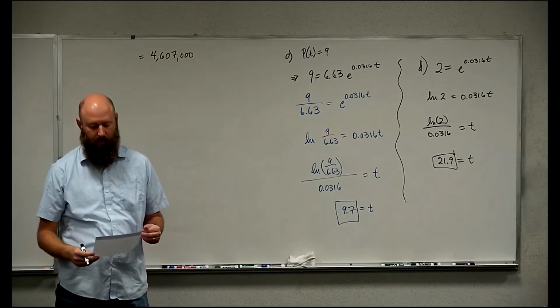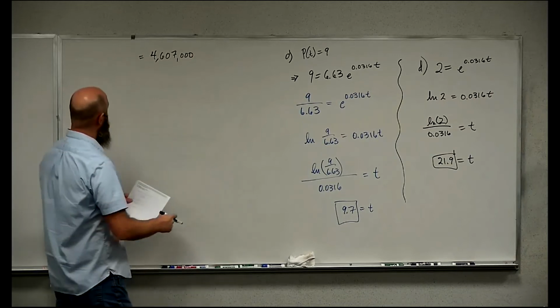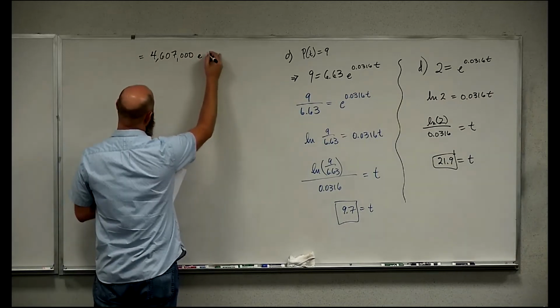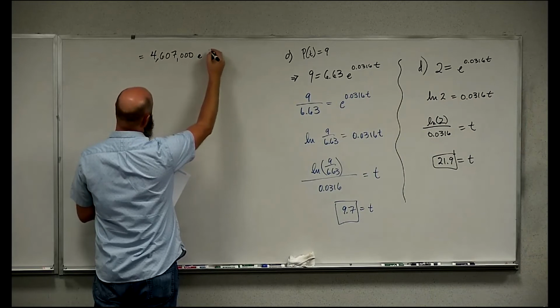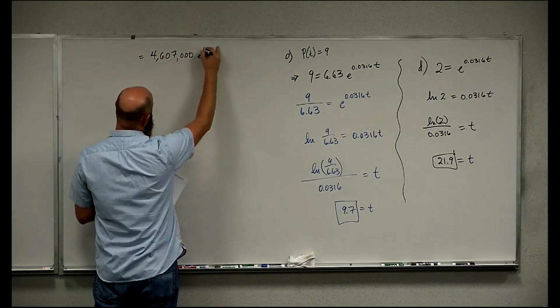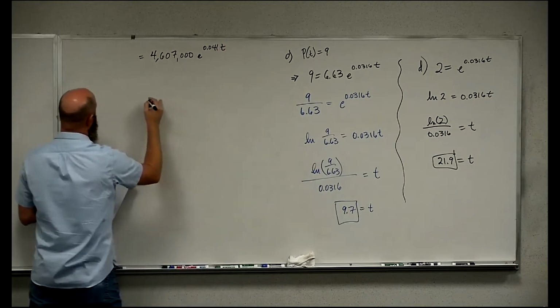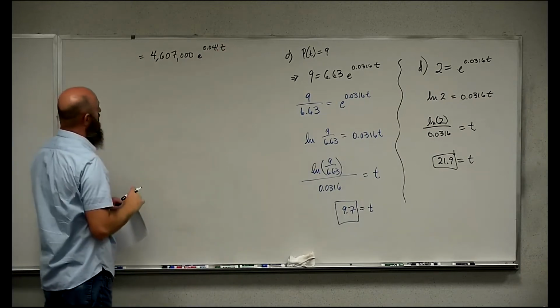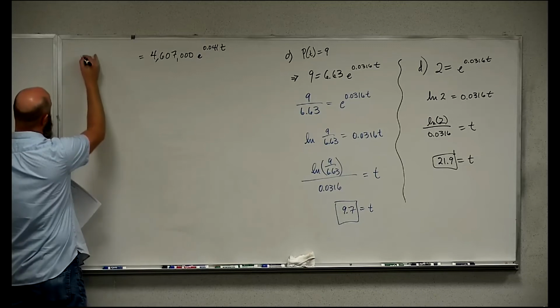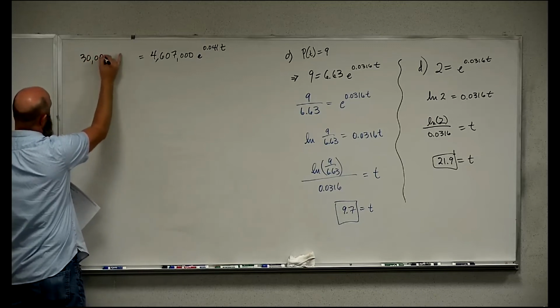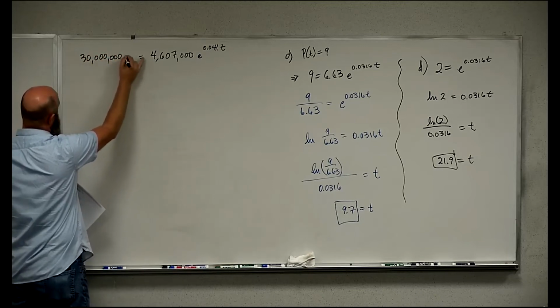So we want to make sure that we get it right. And then e to the, our percent is 4.1. So that's 0.041 times t. And we want to know when is it going to hit the area, which is 30 billion.